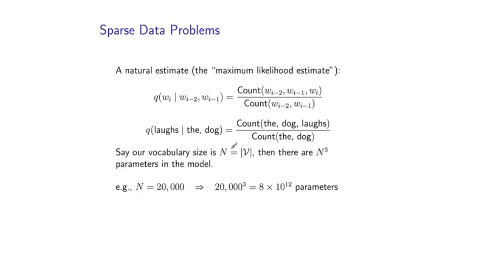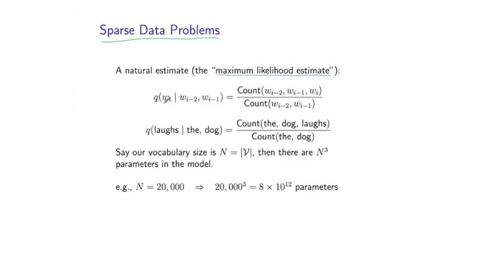So just to recap, one of the primary challenges involved in estimation of trigram language models is the sparse data problem that I described earlier in the lecture. So let's just go over this argument again. A very natural estimate for a trigram language model is what is called the maximum likelihood estimate. The general form is as follows.